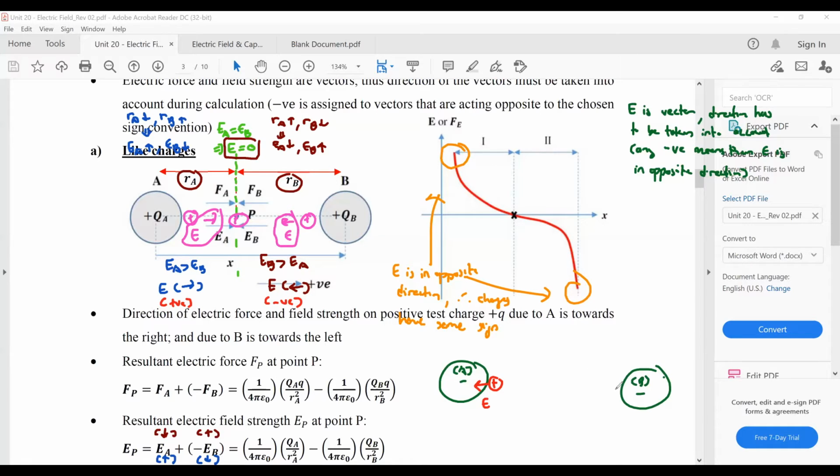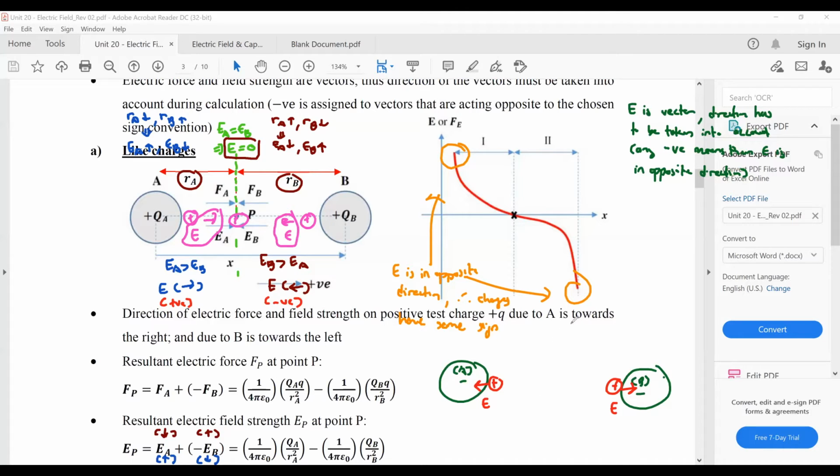Then if I move my positive test charge towards here, again, whatever resulting field strength I have here will be determined mainly by B. So this is positive, this is negative, the electric force is towards the right, that means my E will also be towards the right. So when you look at this one, the direction of your electric field strength, this one is going towards the left, this one is going towards the right.